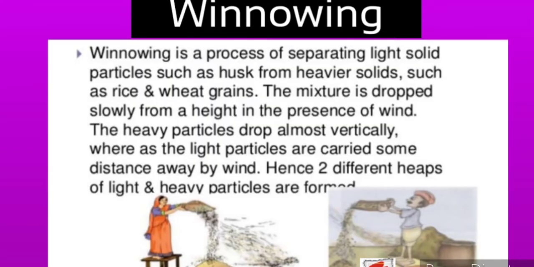Winnowing is a process of separating light solid particles such as husk from heavier solids such as rice and wheat grains. The mixture is dropped slowly from a height in the presence of wind. The heavy particles drop almost vertically, whereas the light particles are carried some distance away by the wind. Hence, two different heaps of light and heavy particles are formed. This is what is winnowing.